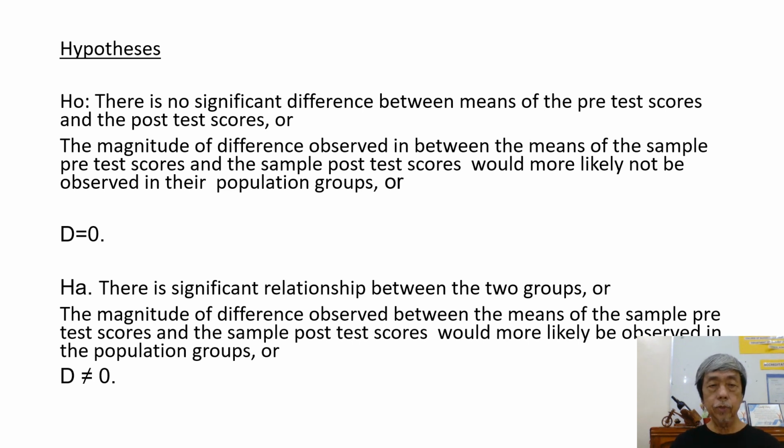The alternative hypotheses are there is significant difference between the two groups, or the magnitude of difference observed between the means of the samples would more likely be observed in the population groups, or the population difference is not equal to zero.